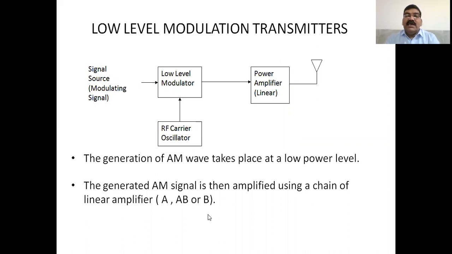All these amplifiers are considered linear amplifiers, a chain of linear amplifiers, so that multiple amplifiers can be used to give a linear performance. So this is what we have to take care of.